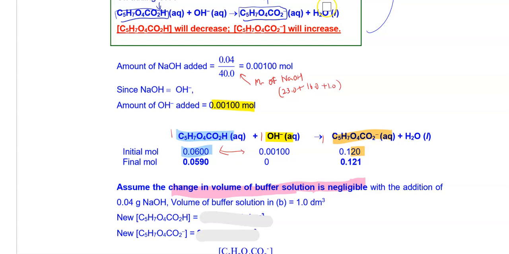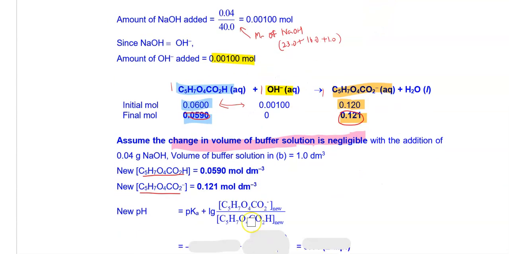So the new concentration will be just equivalent to the final moles of the species, the one I'm boxing out now in red, this one and this one. This number of moles divided by 1 dm cube, this number of moles divided by 1 dm cube. So we have the new acid concentration as well as the new salt concentration for the buffer. Once you have that, you can find the new pH by substituting the new concentrations.